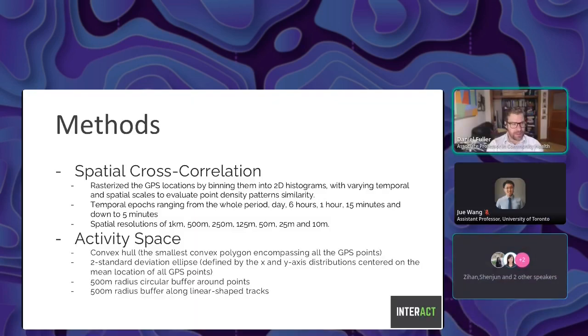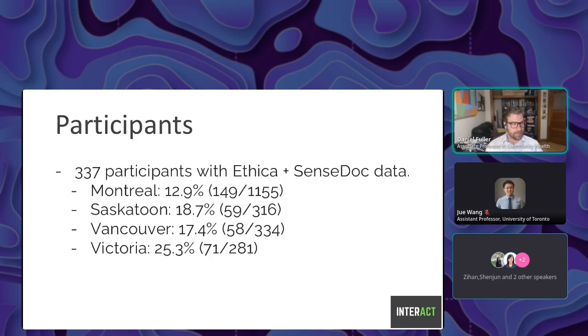We also computed 5 different activity space measures: convex hulls, two standard deviation ellipse, a 500-meter circular buffer around the points, and a 500-meter radius buffer along the tracks of the participants, and compared those between the dedicated GPS device and smartphone location data.